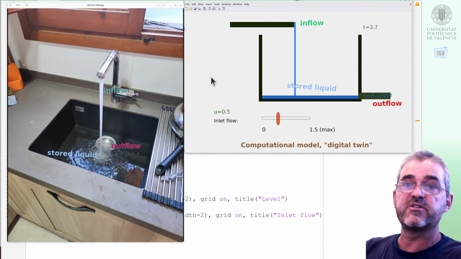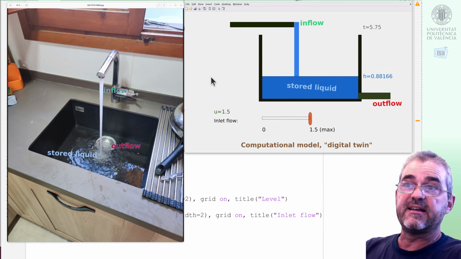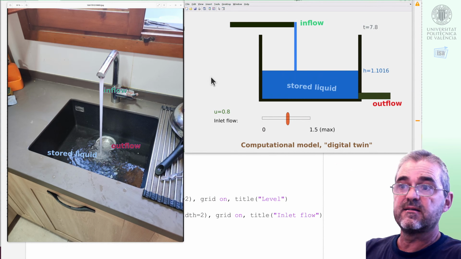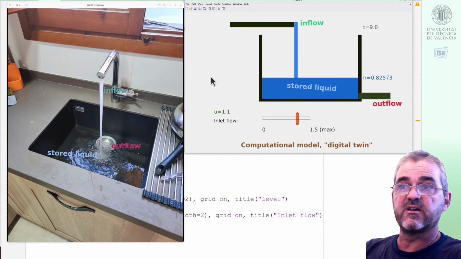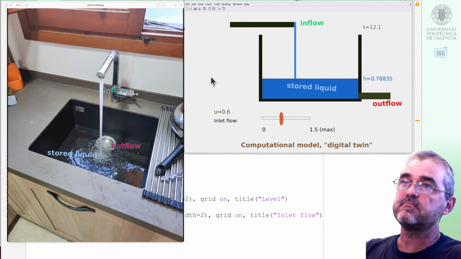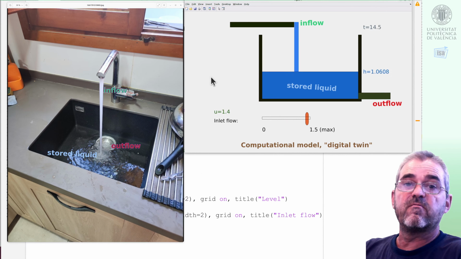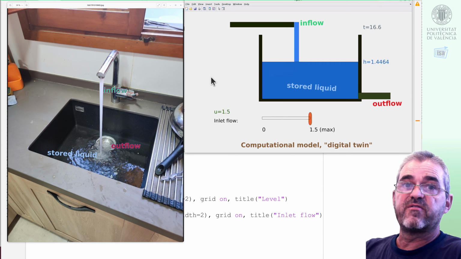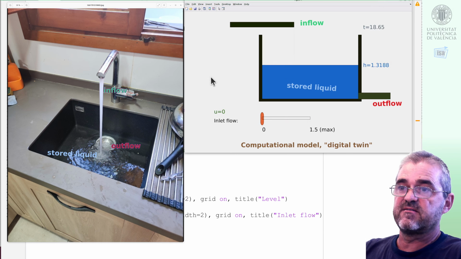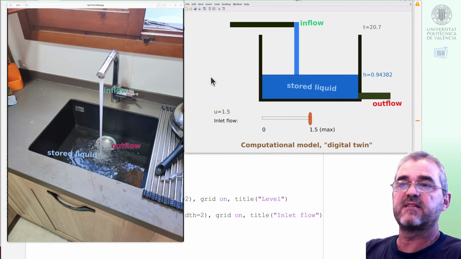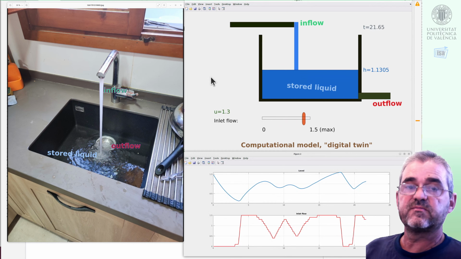So running that computational model, I can play and see what happens when I open and close the valve of the inflow, so that I empty or fill the tank at will.